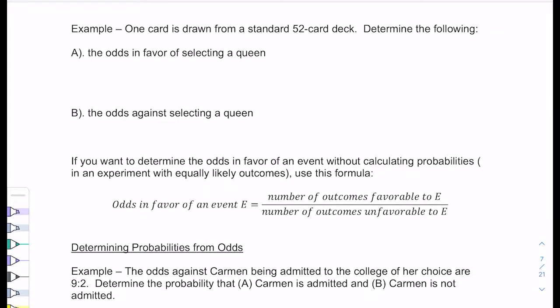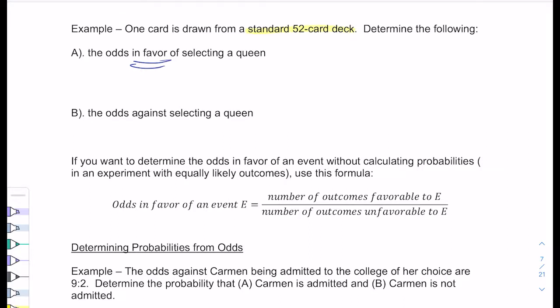So let's talk about cards again. Recall that we have a standard deck of playing cards, and that's 52 cards. You can always refer back to the information about cards if you want in 11.1. So I want to determine the following. First, we're going to determine the odds in favor of selecting a queen.